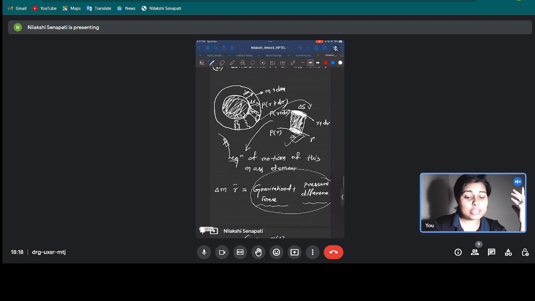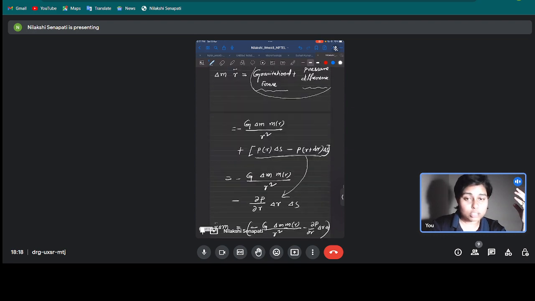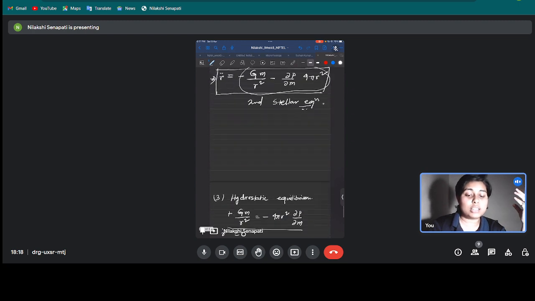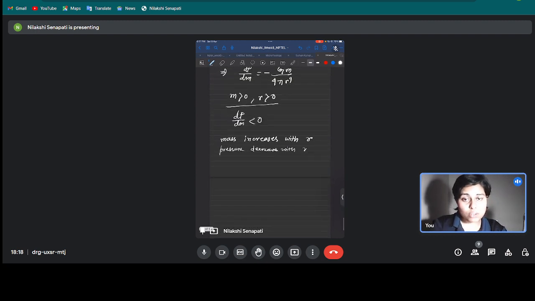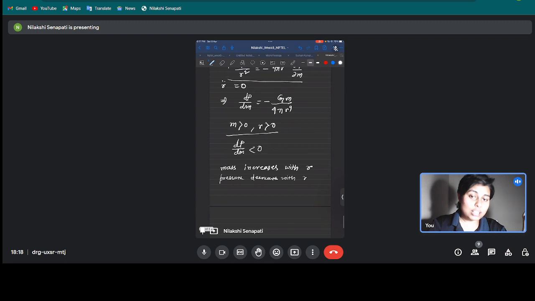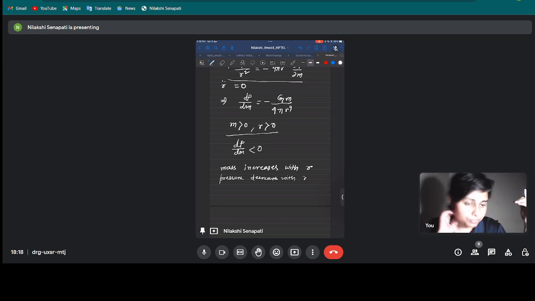And next is the conservation of momentum, using which we can get the second stellar equation, which beautifully tells us the condition of stability, when a star will form and when a star will not form from the interstellar medium or intergalactic medium. And when we reach the hydrostatic equilibrium, we get the idea that with mass increasing, r is increasing and pressure is decreasing. That means after a certain time the gravitation will win over the pressure and it will collapse into a supernova.